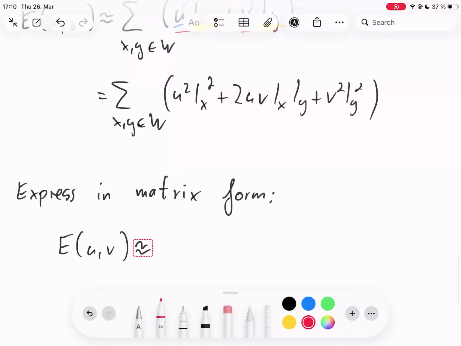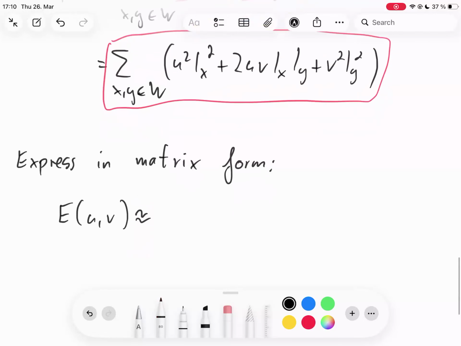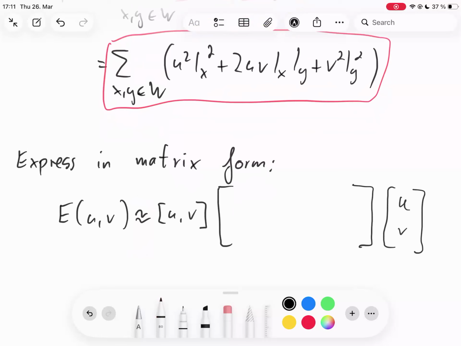So we have this sum here. And this sum is good, but we can express it now in terms of vectors and matrices. We have a row vector uv, and we can multiply it with a bigger matrix that you will see in a moment, and we multiply it to the right with a column vector uv.